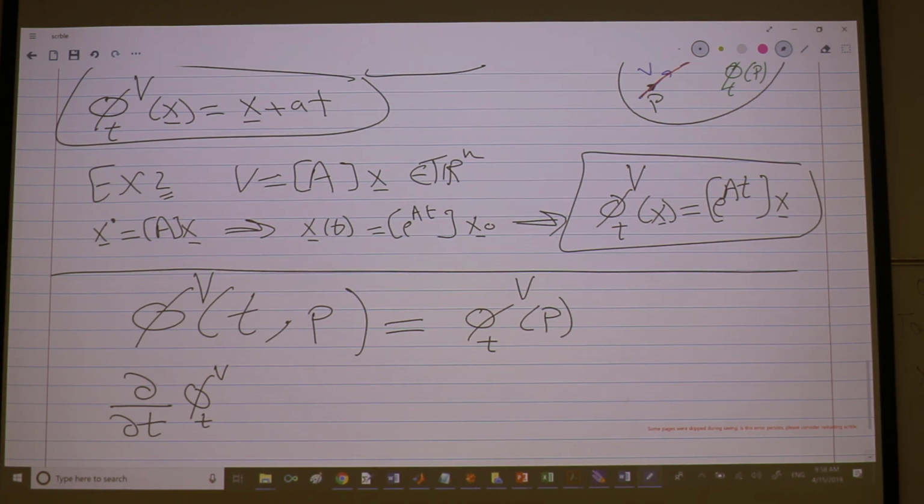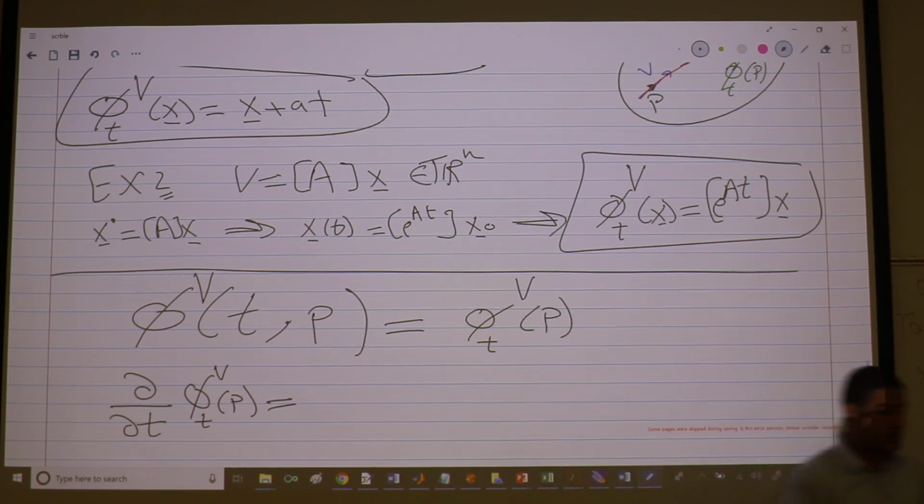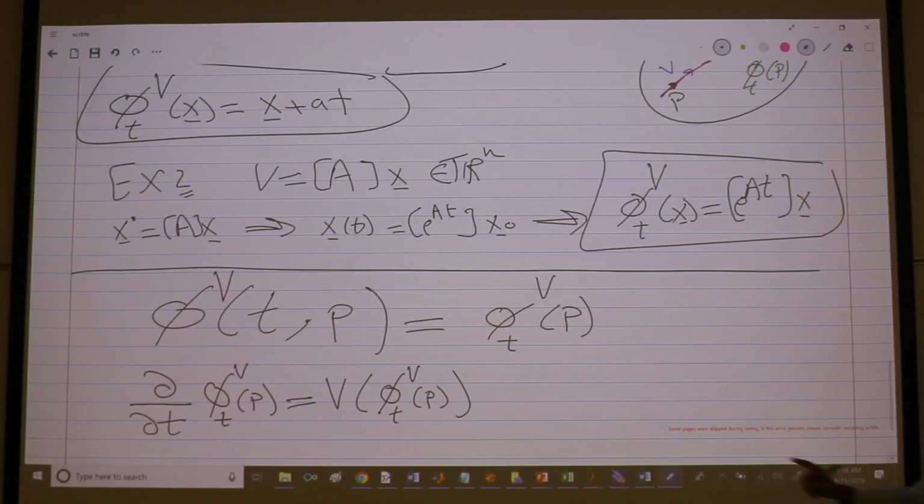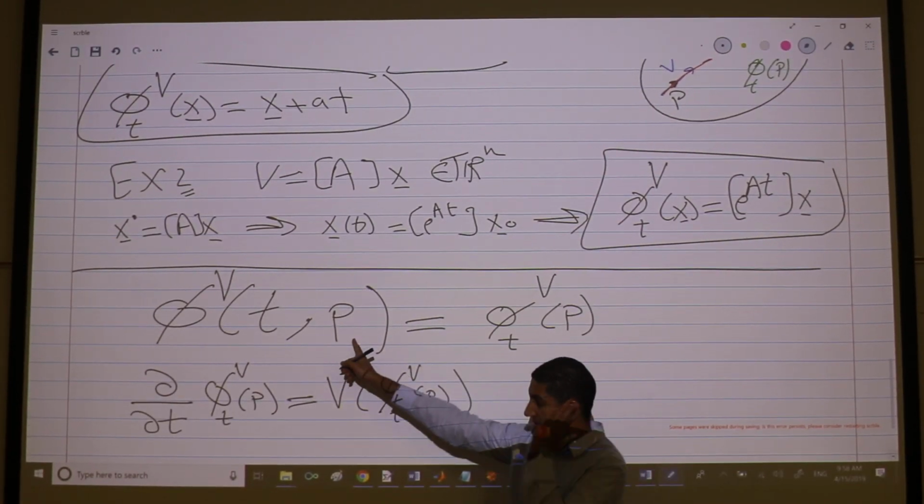Any expectation about that? You get the vector field, because now you need the velocity. So you get the vector field evaluated at what? Obviously evaluated at the flow. Okay? And if you differentiate with respect to the second argument, what do you get?